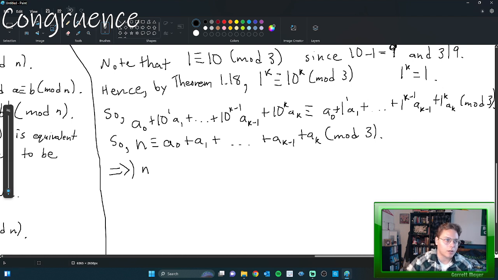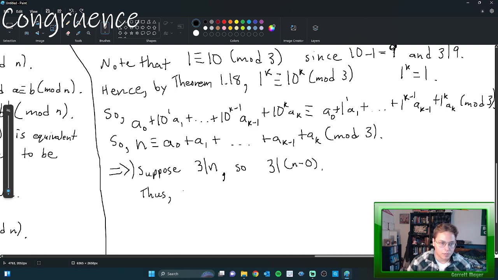So we're going to start by supposing 3 divides n. So n is divisible by 3. Those are equivalent statements. In other words, 3 divides n minus 0. Thus, n is congruent to 0 mod 3.